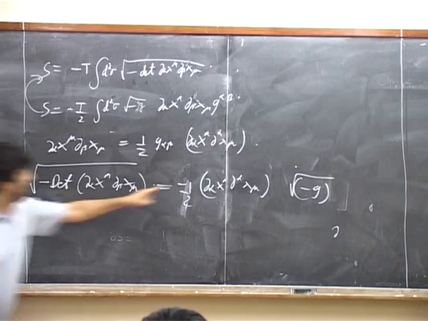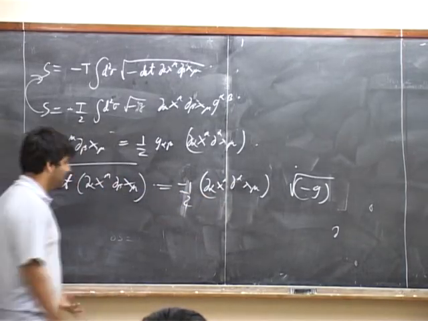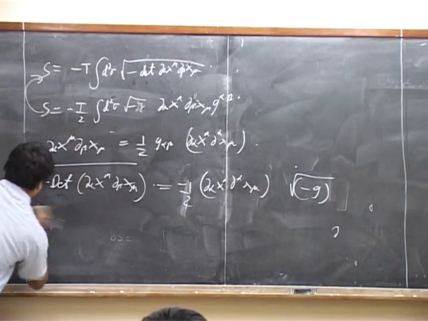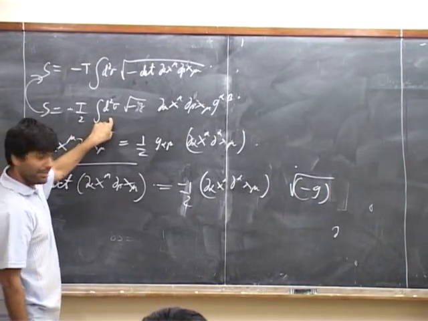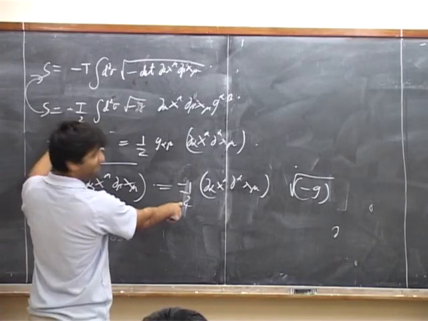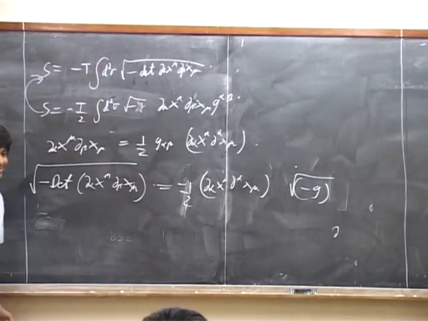Oh, okay, you raised it. Therefore, we find that this action is the same thing. This half is this half. It's minus of this sign as that, just by substitution. Is this clear?